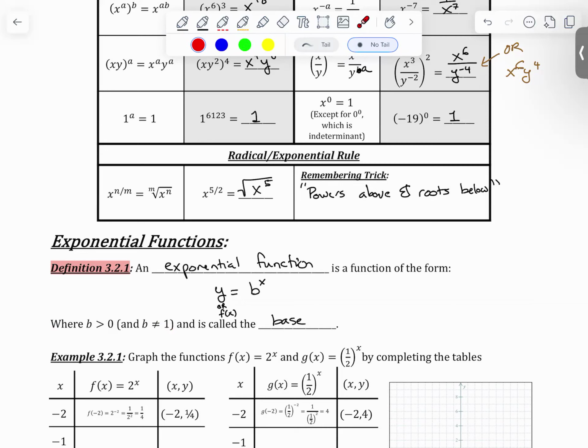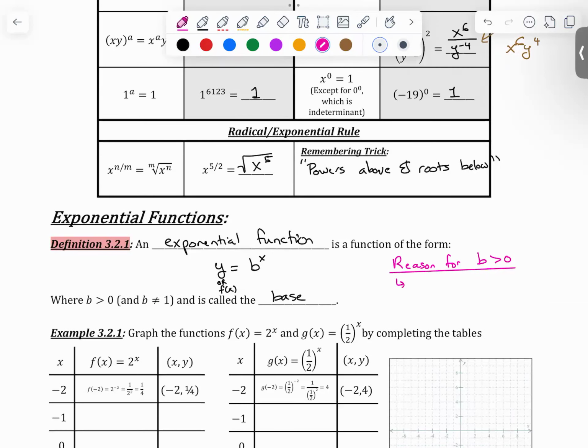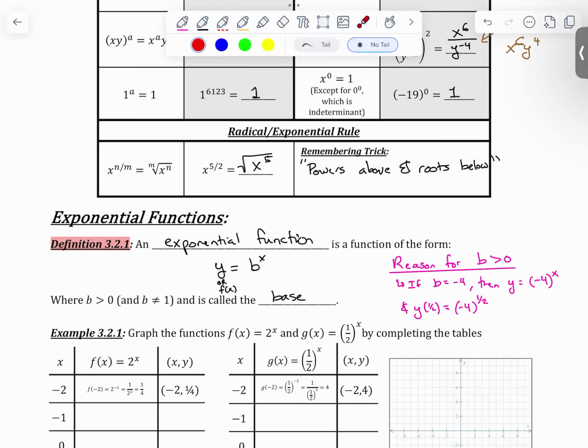And so I want to explain why we write that requirement. Reason for b must be greater than 0: say b was equal to -4. If b equaled -4, then y would equal -4 raised to the x, and y of 1/2 would equal -4 to the 1/2. But utilizing this property above, power goes above and root goes below.